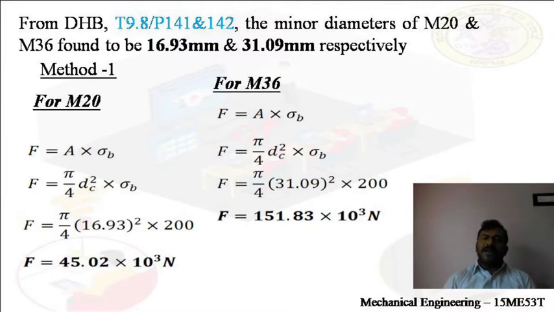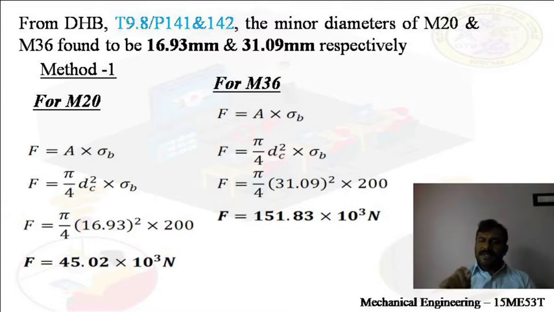In method 1, we'll calculate the force by using core diameter. In method 2, we'll calculate the force by considering core area. Those two values are available in design data handbook in table number 9.8, page number 141. In page number 141, you will get it for M20 and in 142 you will get it for M36 bolt.